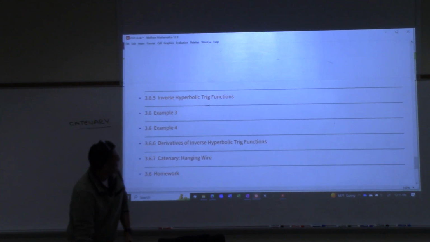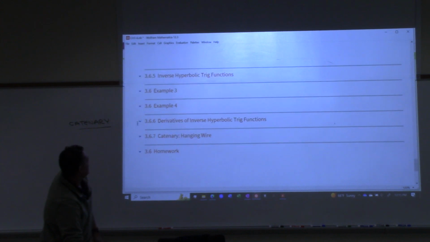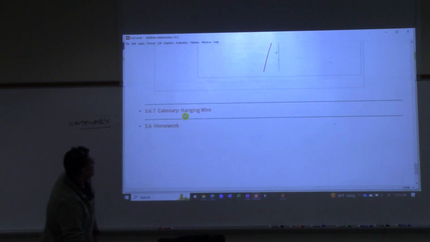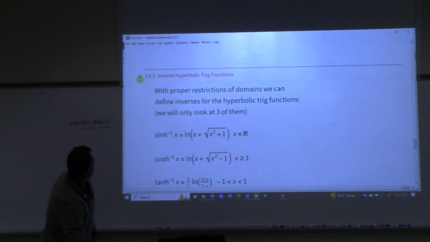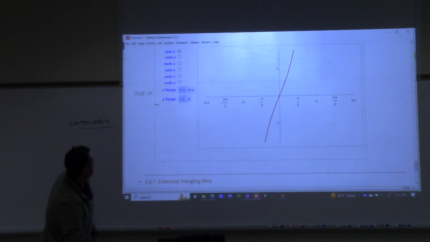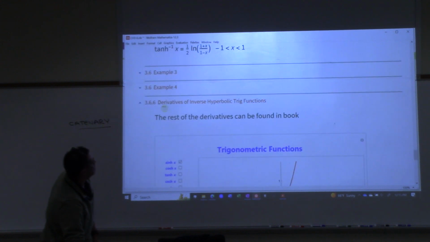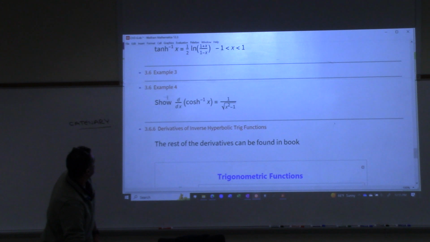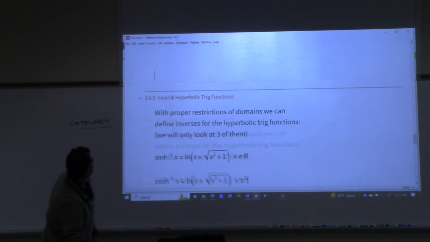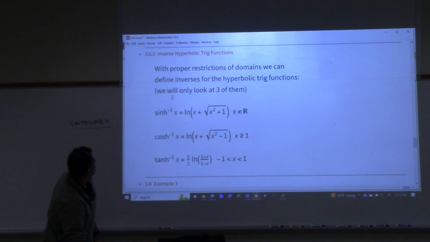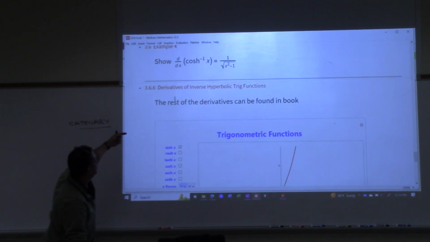So rather than go through and actually derive any of it, I'm just going to give you what they are. Let me see. Where are they in my notes? Derivatives of hyperbolic, 3.4?